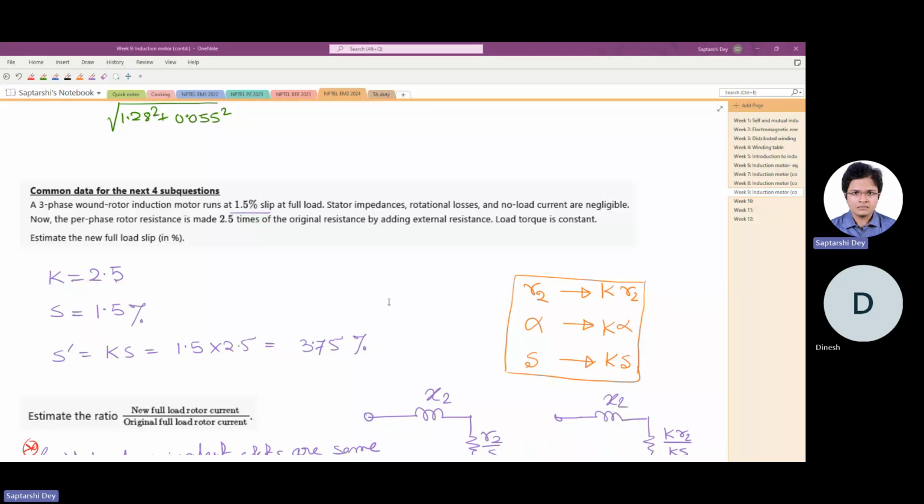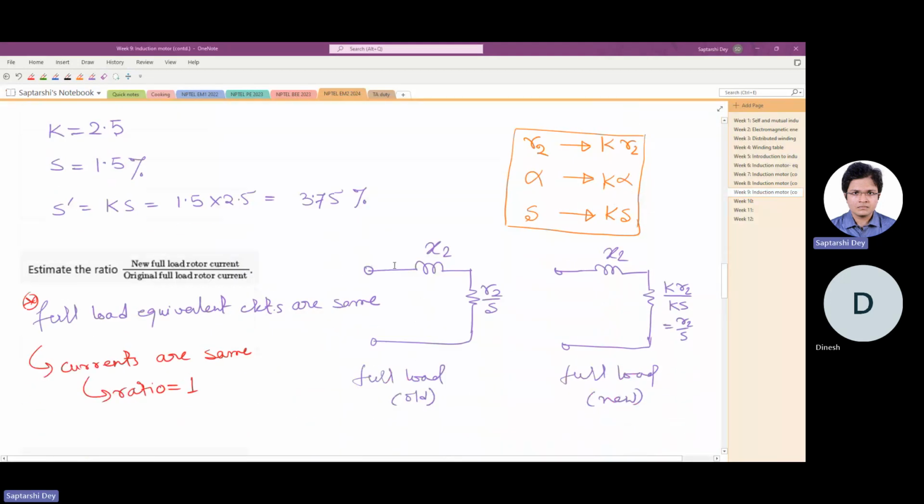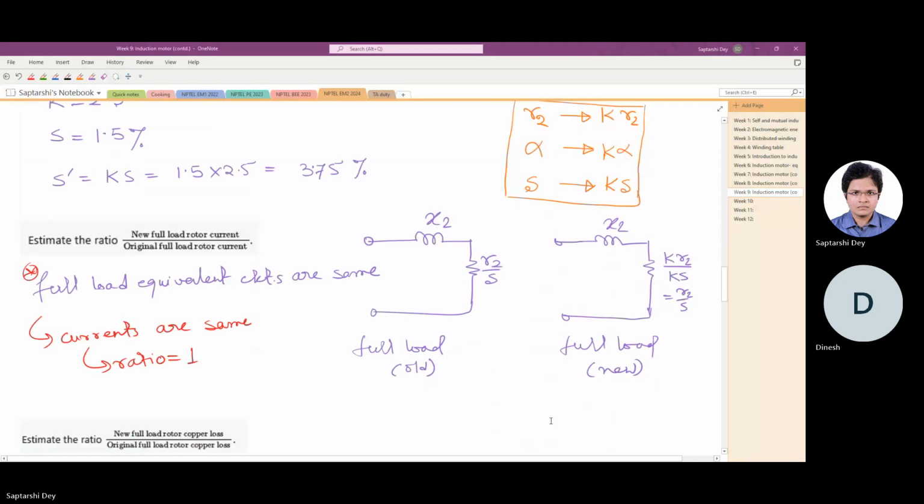Increase the rotor resistance by 2.5 times of the original value by adding external resistance. So, okay, this part is understood, that increment of the rotor resistance by certain factor and then running the machine at full load, torque does not change the rotor current. Yes, sir.